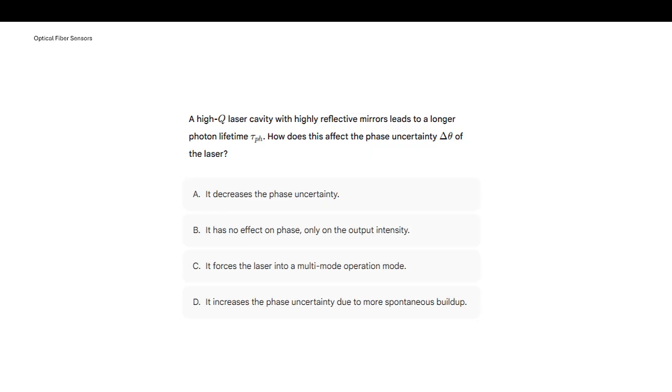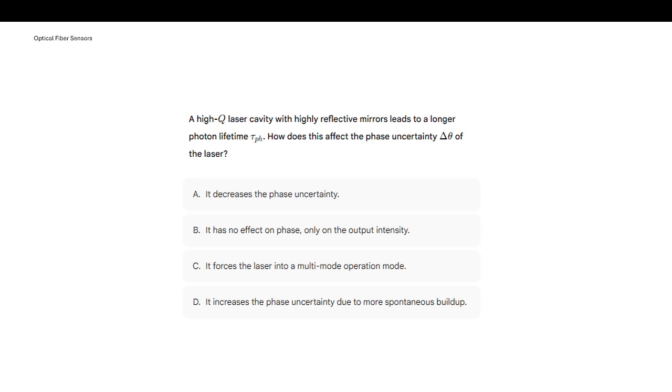A high Q laser cavity with highly reflective mirrors leads to a longer photon lifetime tau ph. How does this affect the phase uncertainty del theta of the laser? Option A, it decreases the phase uncertainty.